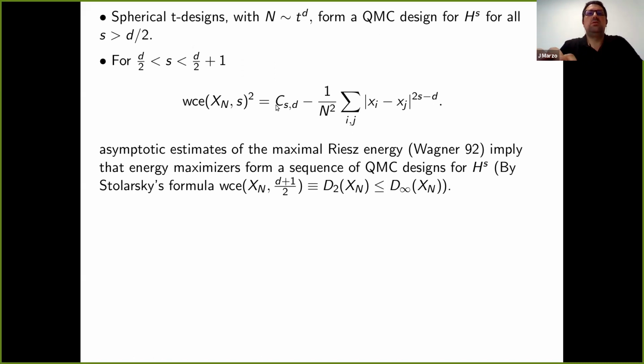Just because it's kind of close to this, I will recall that, using Stolarsky's formula, you can see from here that the worst case error in this particular case, t plus 1/2, is exactly the L2 discrepancy. Before I talked about this L infinity discrepancy, where you measure the difference between the counting measure and the surface measure, and there I took a supremum over all spherical caps.